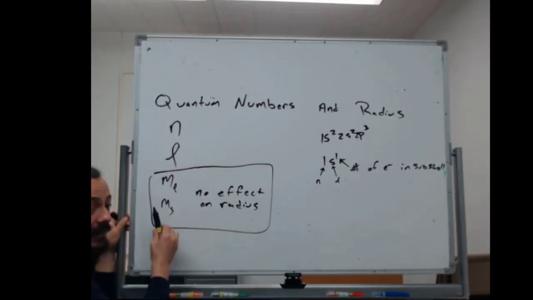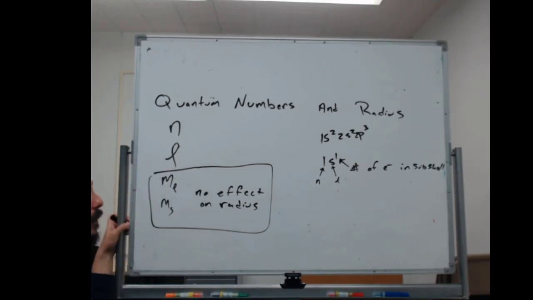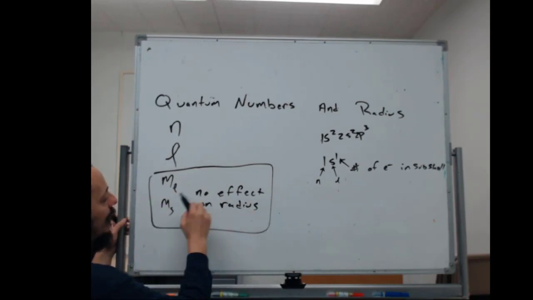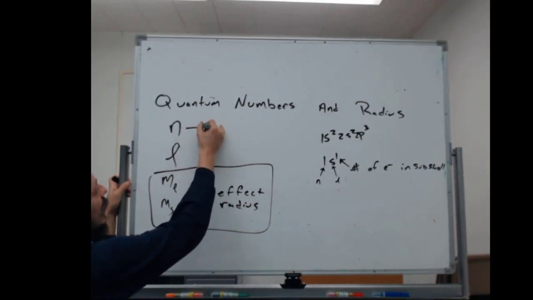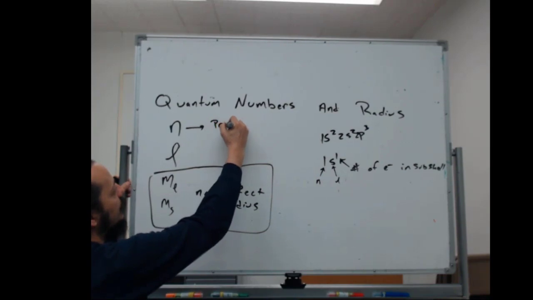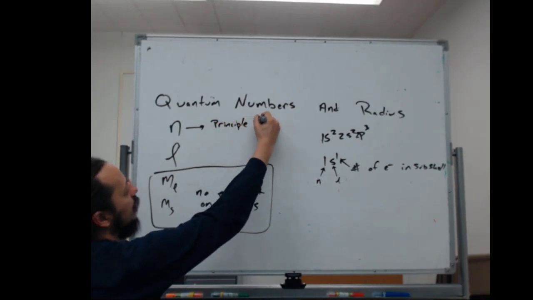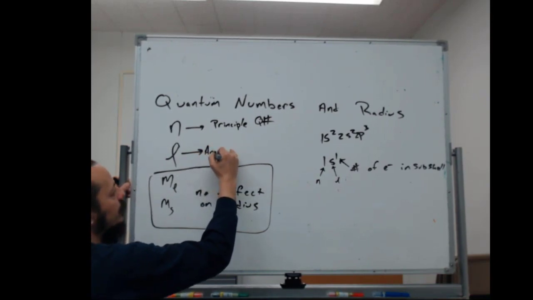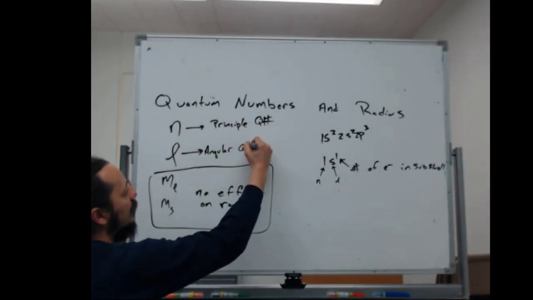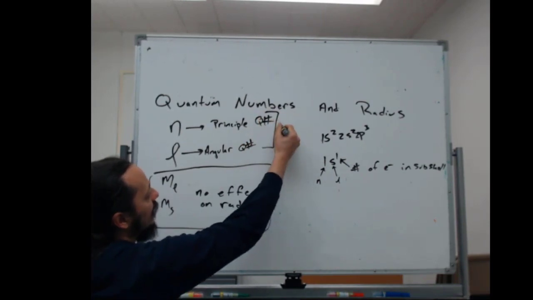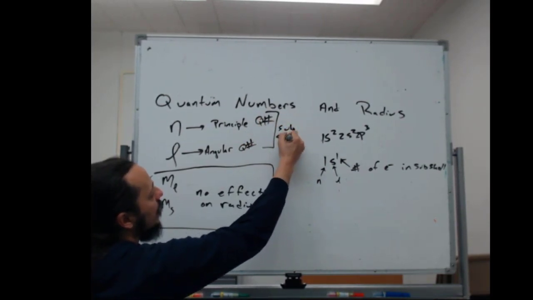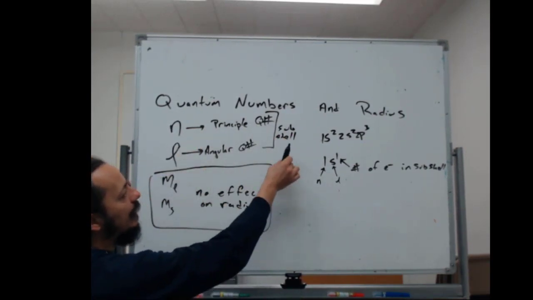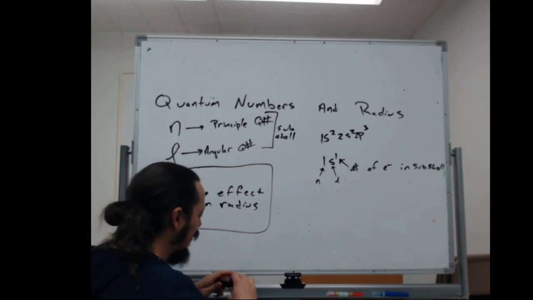If you applied a magnetic field, sure, but for the most part, the things we're going to be looking at, these are going to have no effect on the radius. So we're just really going to be looking at how the N value, the principal quantum number, and the L value, the angular quantum number, and these together define a subshell. So we're going to be looking at how different subshells relate to radius.